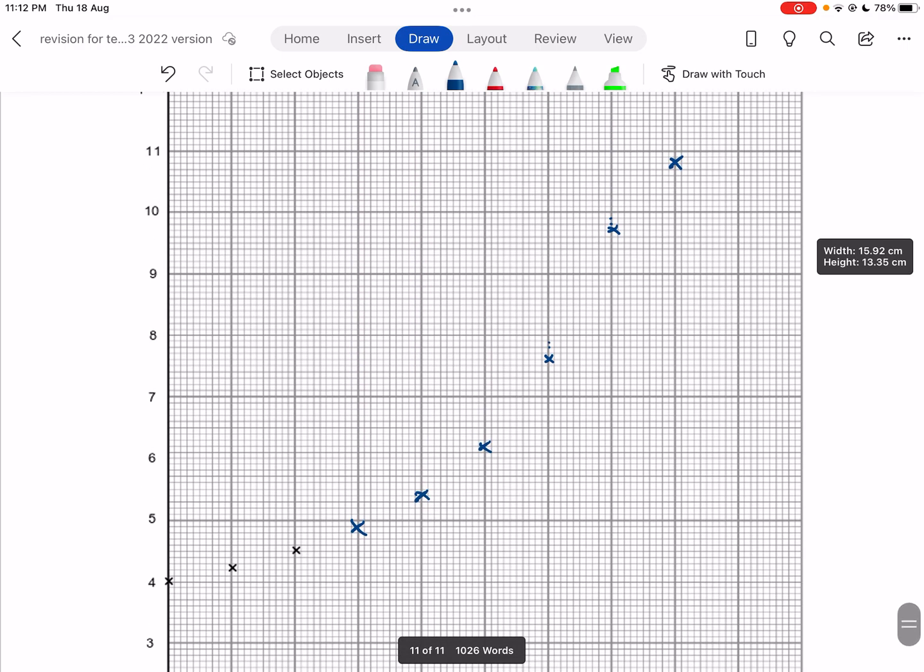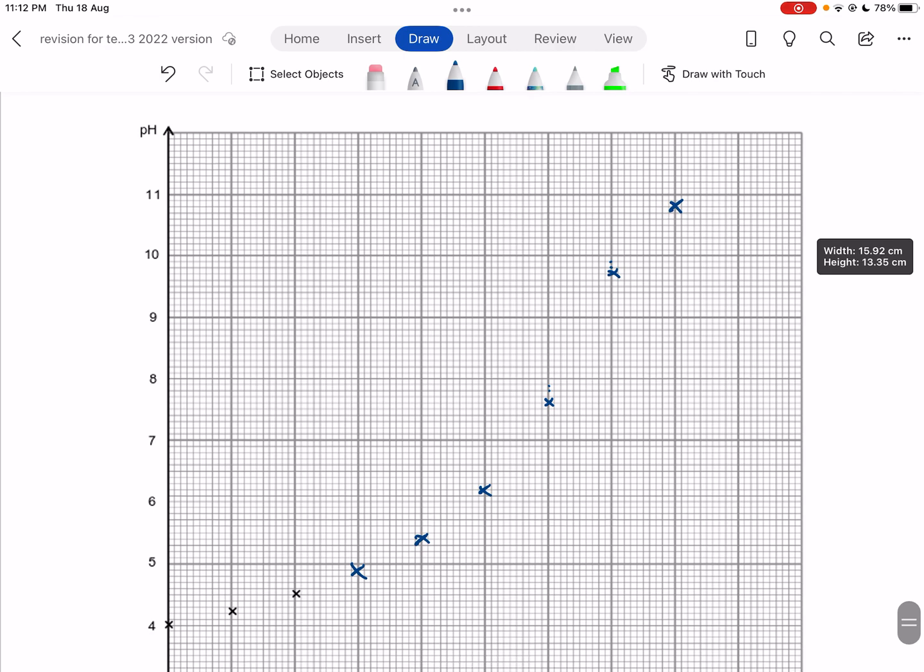Lastly 18, 11.5. So this one is like a curve.